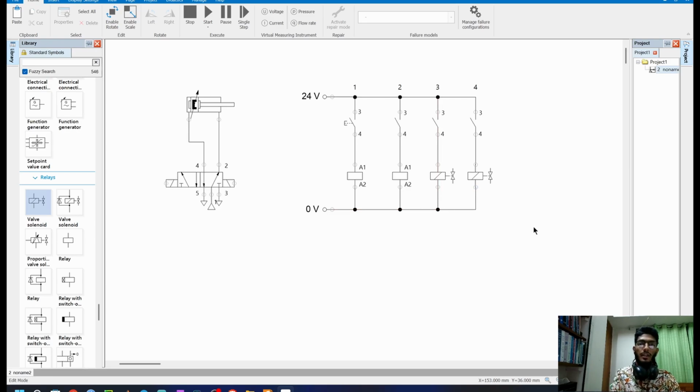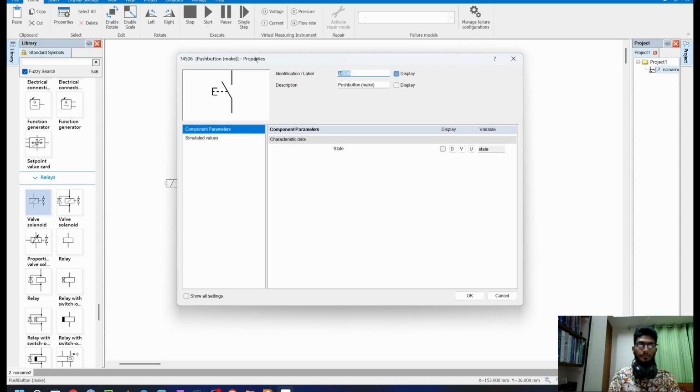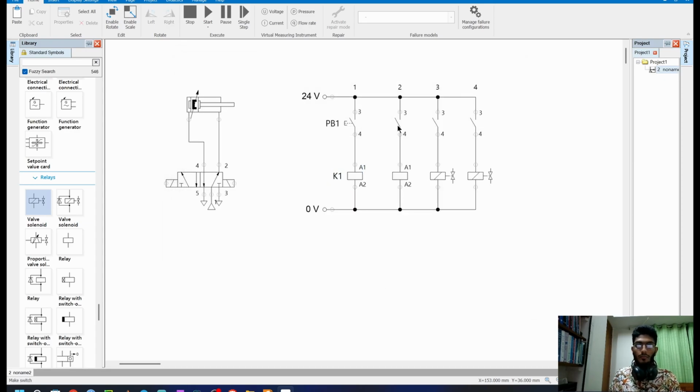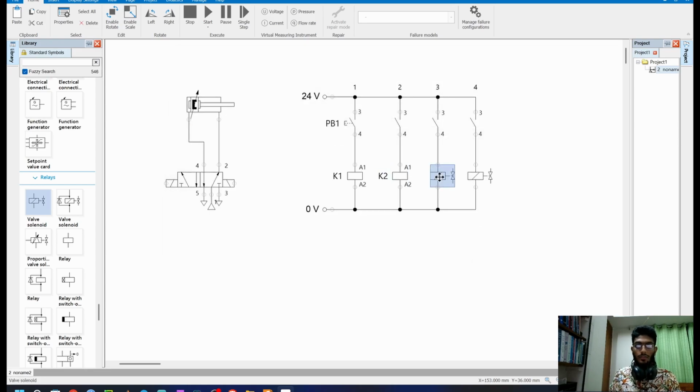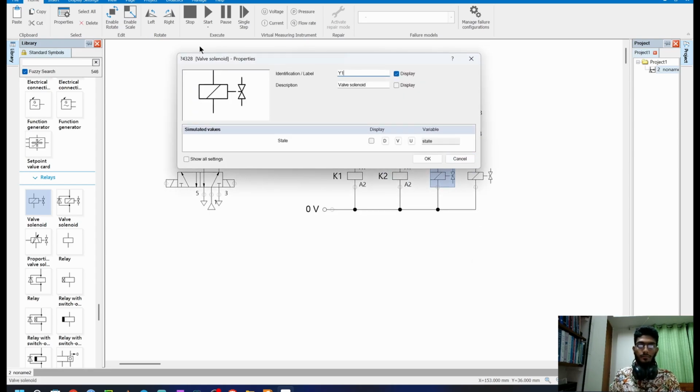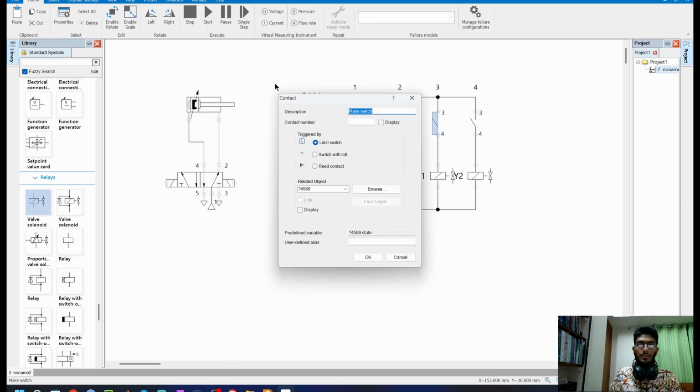Okay, so let's identify all of this. This is my push button PB1. This is my relay K1. This relay is K2. This solenoid is Y1. This solenoid is Y2. This limit switch will sense K1. This one will sense K2.